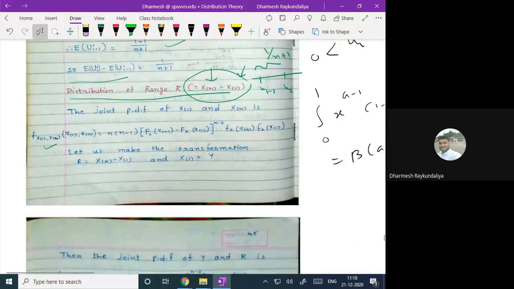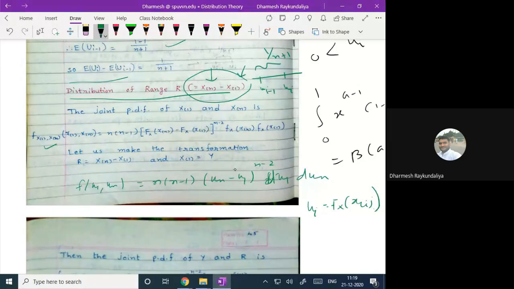So if we write, instead of x1, x2, in the form of u1 and un, we have f of u1, un equal to n into n minus 1 into un minus u1 raised to n minus 2, du1 and dun. But we know that ui is nothing but Fx of x of i.